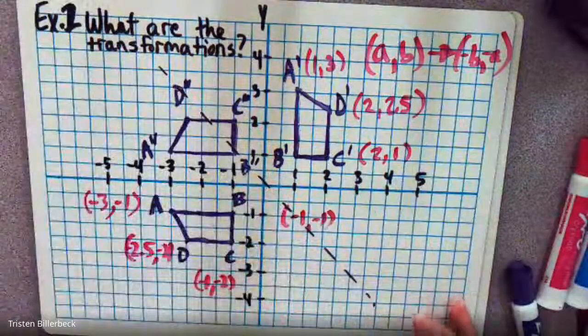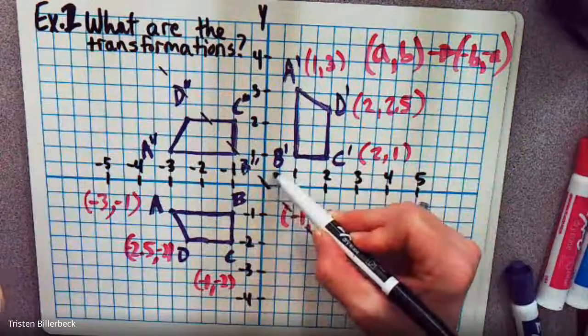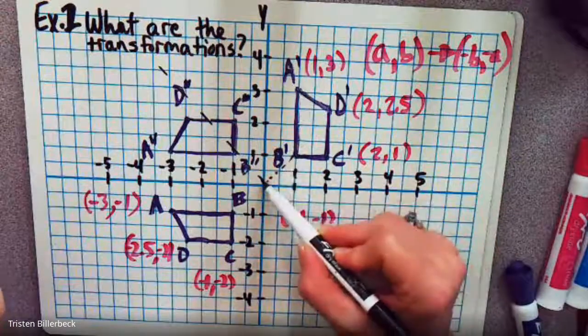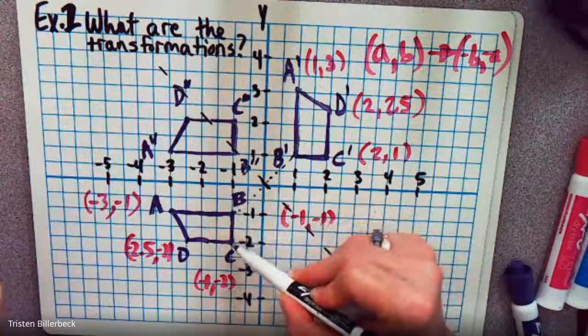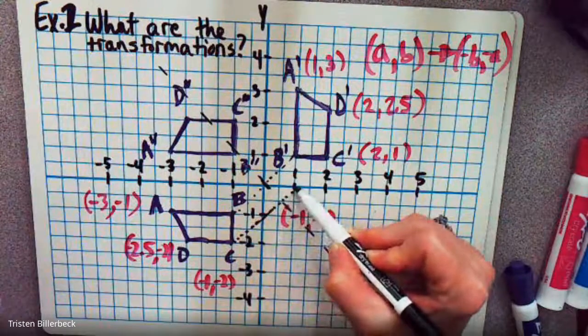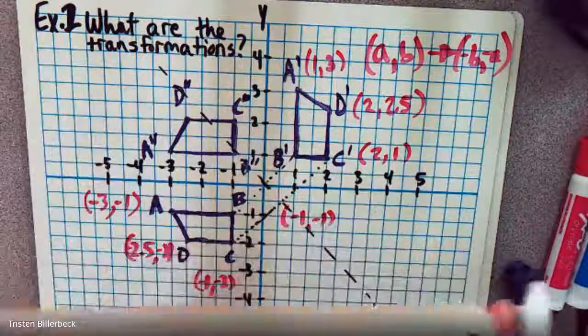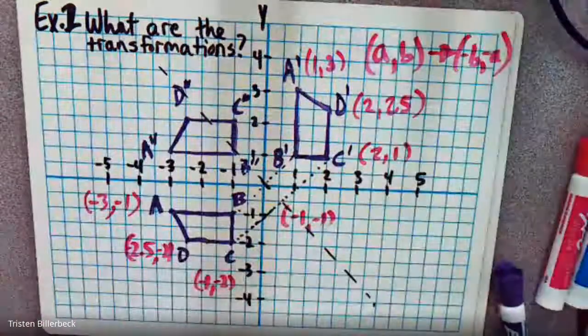So we have an axis of symmetry that didn't quite go through the origin. But look, this looks equidistant from that. This looks equidistant from that. I think we're on to something.